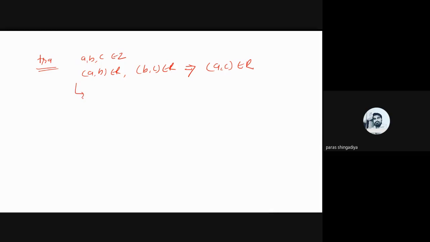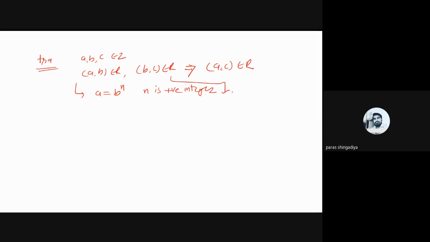When we say ab belongs to R, a can be written as b raised to n, where n is a positive integer.